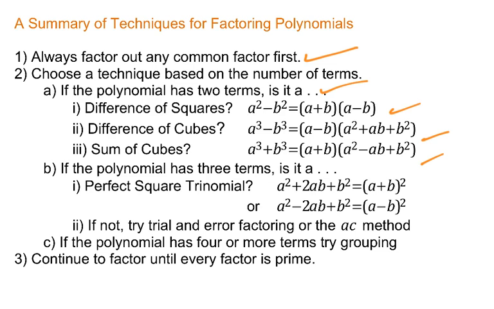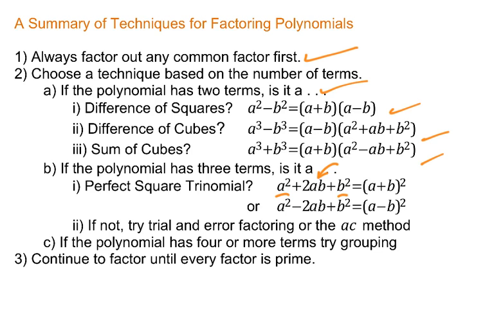Now, if the polynomial has 3 terms, you probably want to start first by asking whether a certain template would work there as well. You want to ask, could this trinomial be a perfect square trinomial? That will happen if the first and last terms both happen to be perfect squares, and the term in the middle has to be 2 times the product of those 2 quantities.